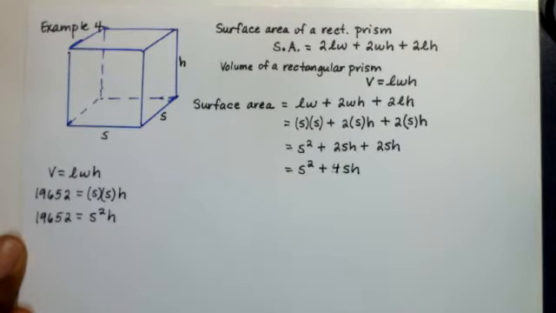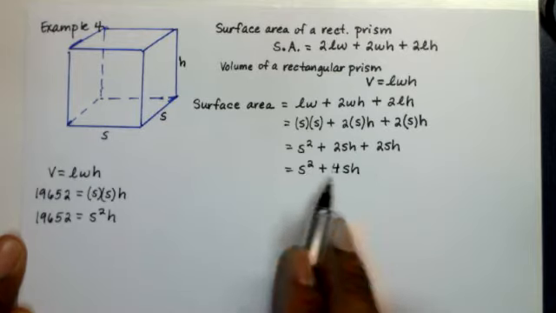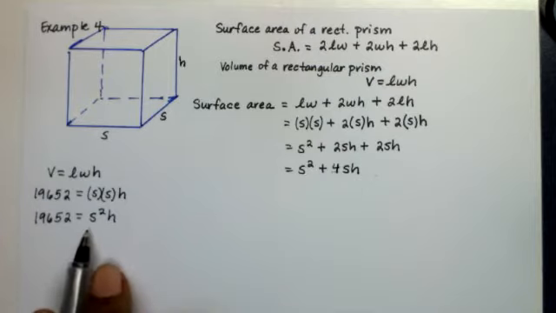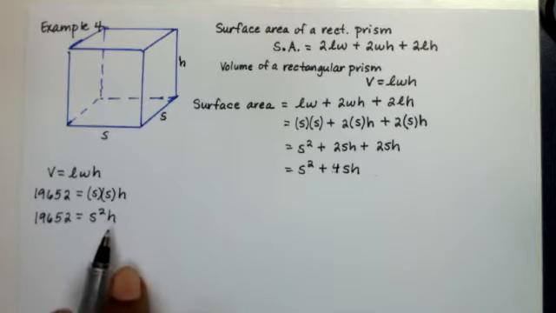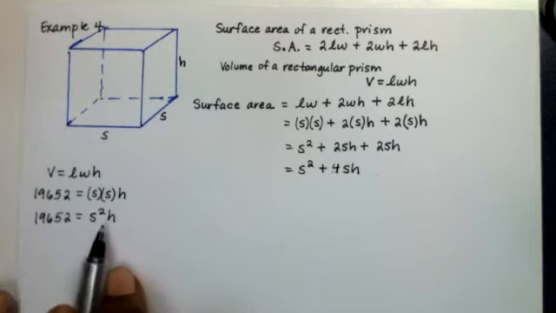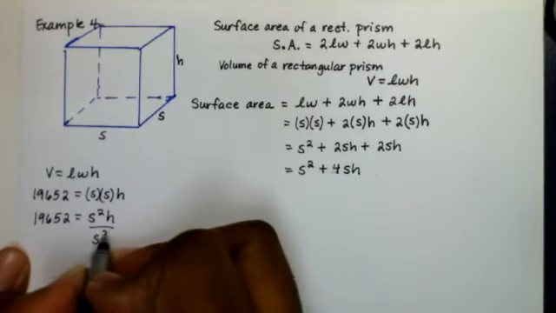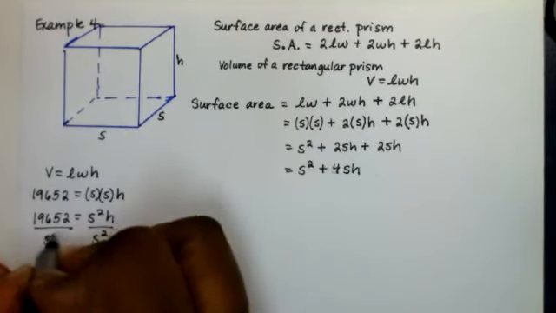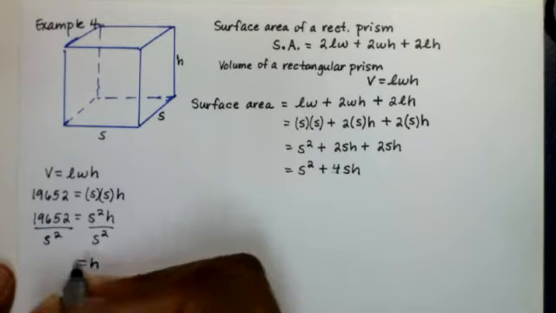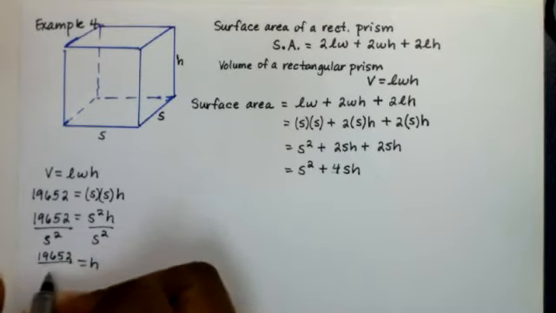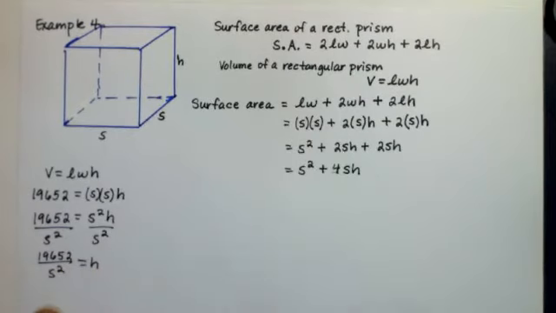In this case, I'm going to write the surface area equation in terms of S. That means I need to solve for H. So I'm going to divide both sides by S squared. That would mean H is equal to 19,652 over S squared.